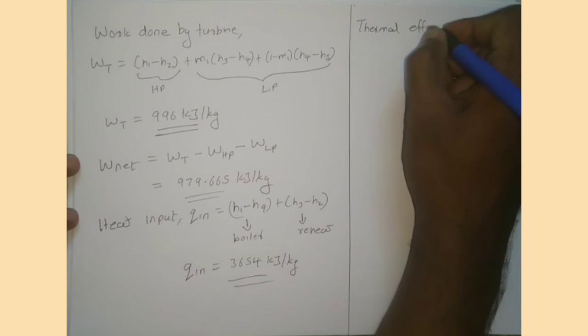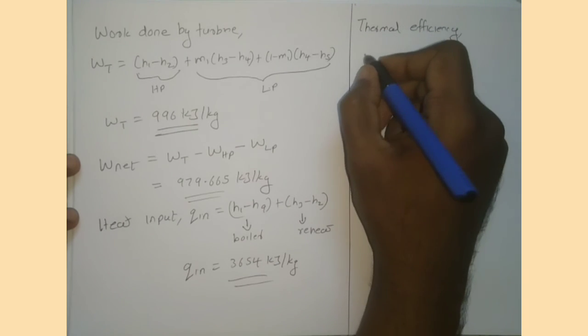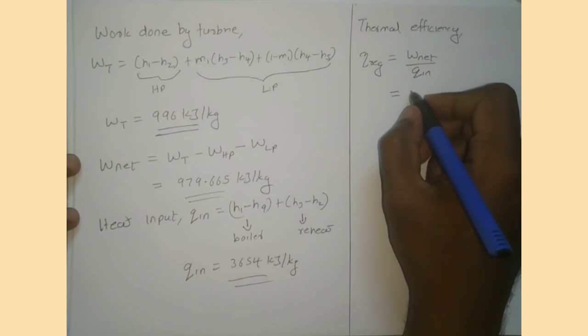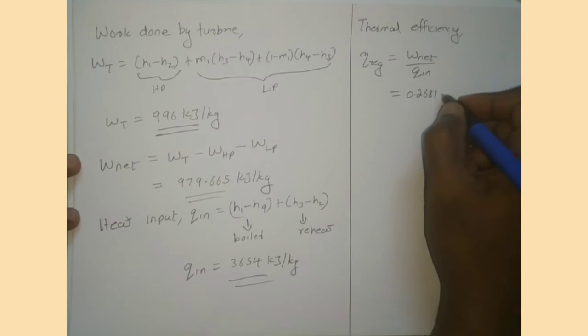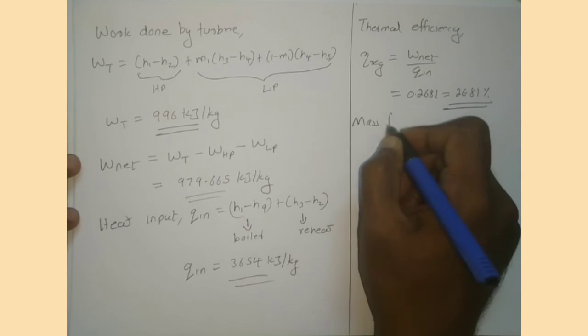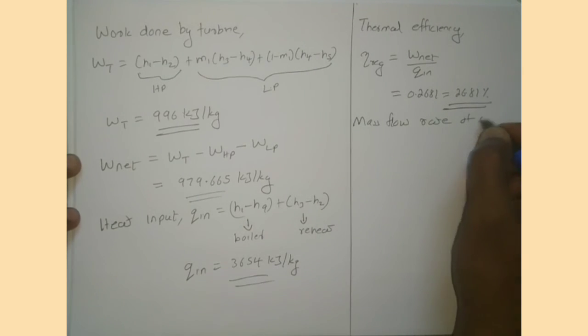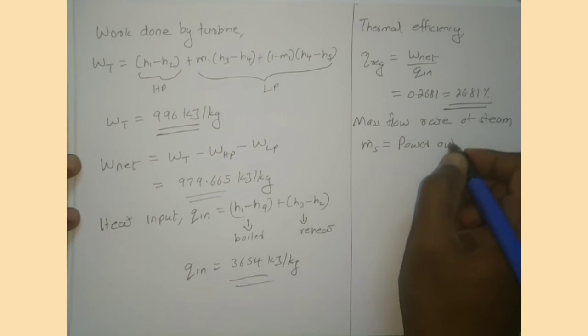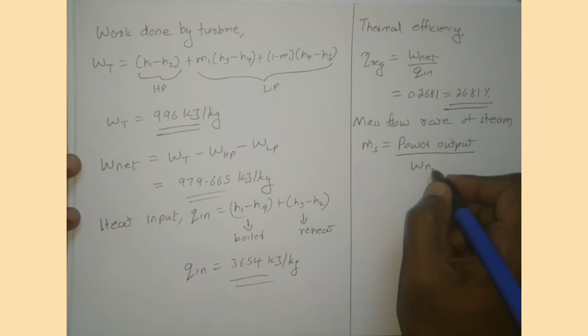Thermal efficiency of the cycle or regenerative efficiency equals Wnet by Qin, and after substituting values, we will get efficiency as 0.2681 or 26.81%. Mass flow rate of steam m dot s equals power output by Wnet.